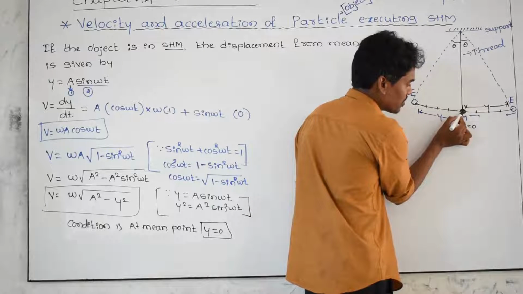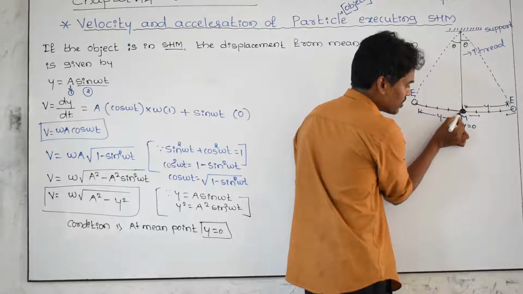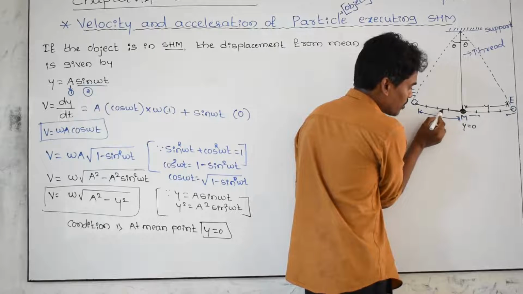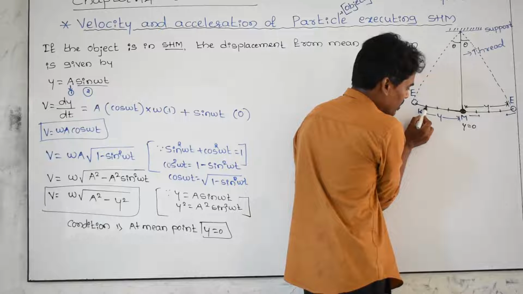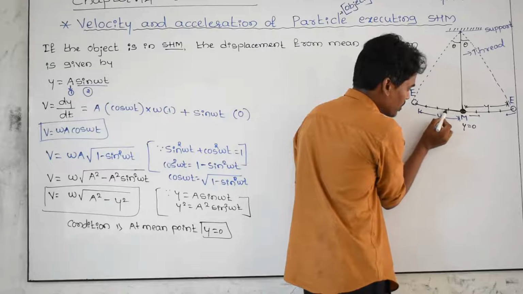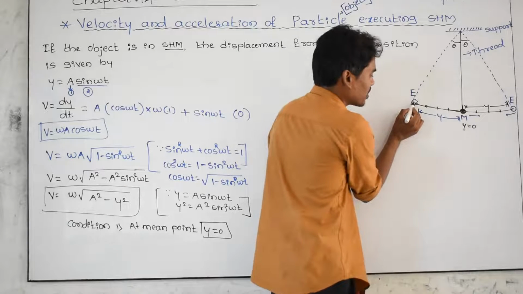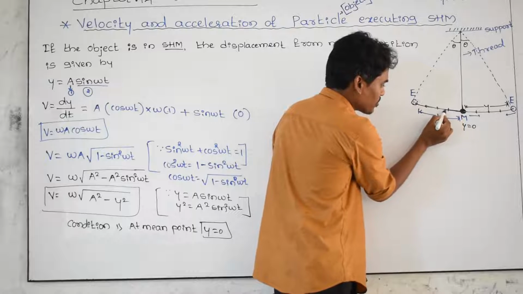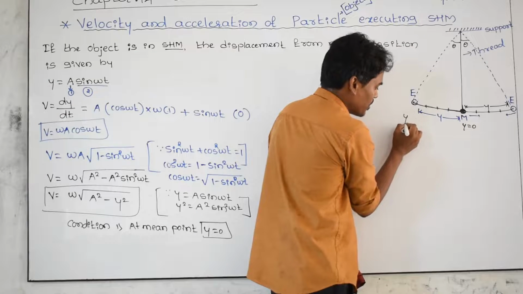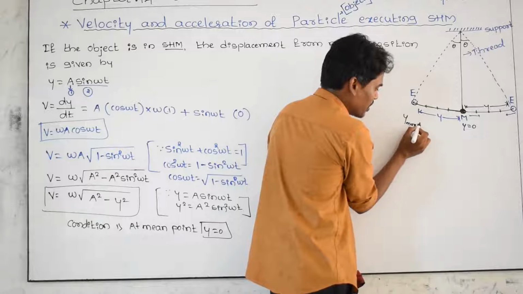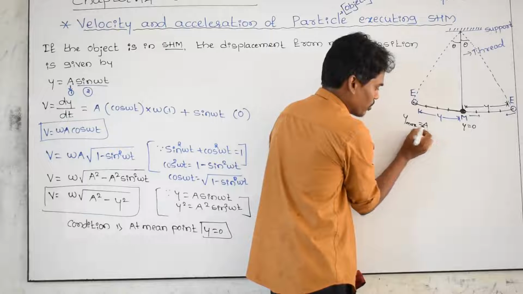If the object is moving to this point, this is the displacement. If the object is at this extreme point, this is the displacement called the maximum displacement. That maximum displacement is called amplitude.